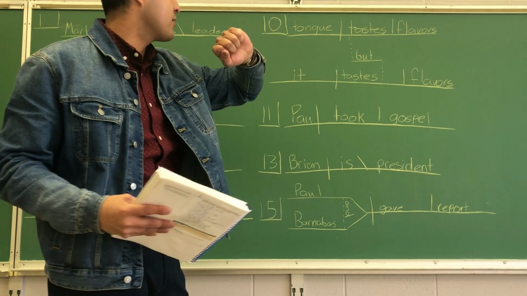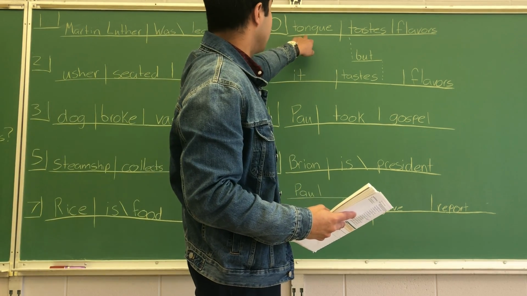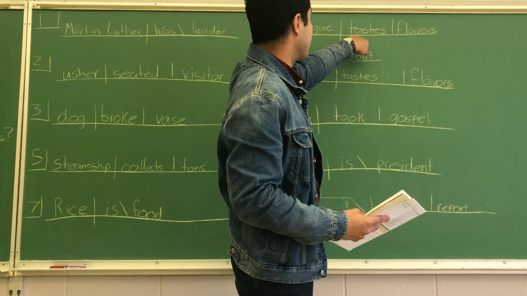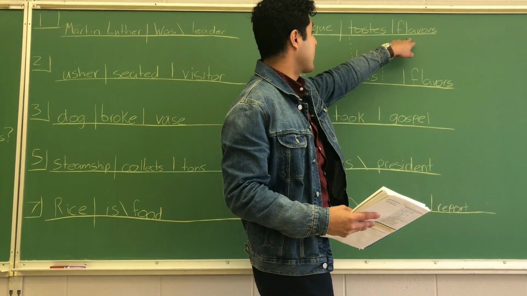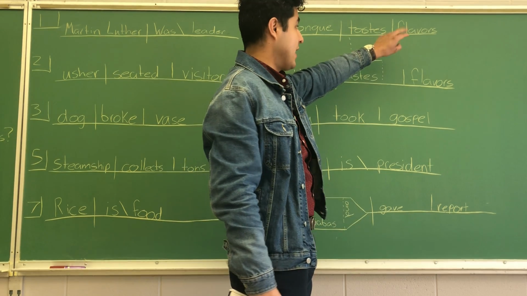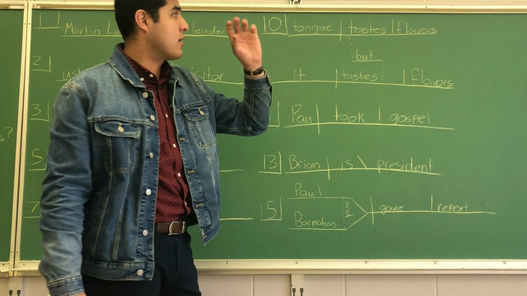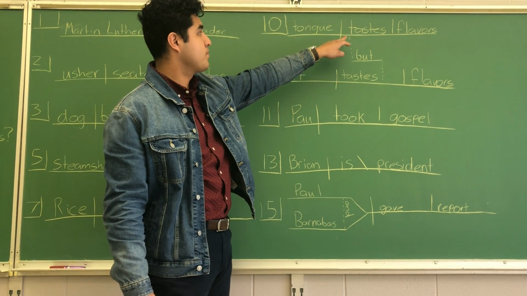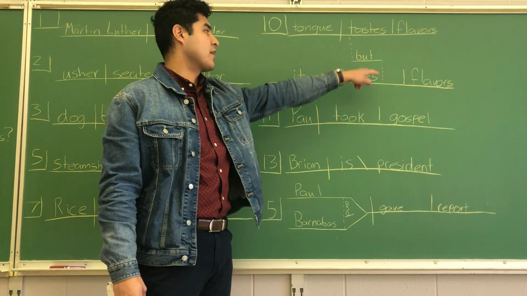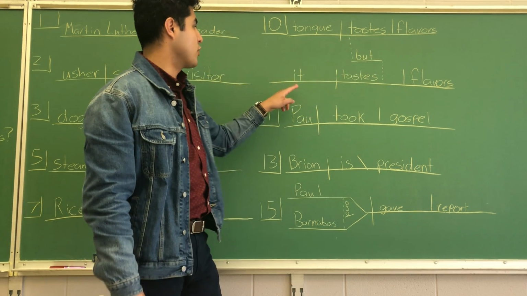Number 10 is a compound sentence, so I set it up as so. First subject, tongue, our action verb taste, and our direct object flavors. Make sure your line is vertical and it does not cross, okay? Remember, we joined compound sentences at the verb, okay? So we write our little stair, dotted line, our conjunction, and now we go to our subject.